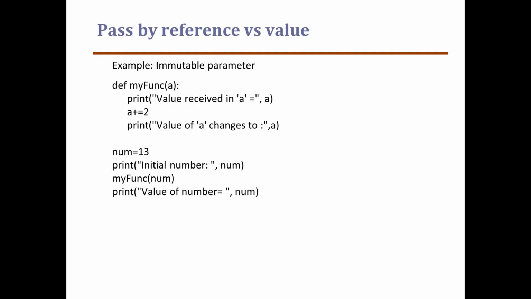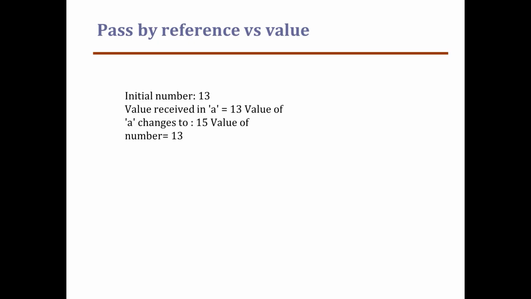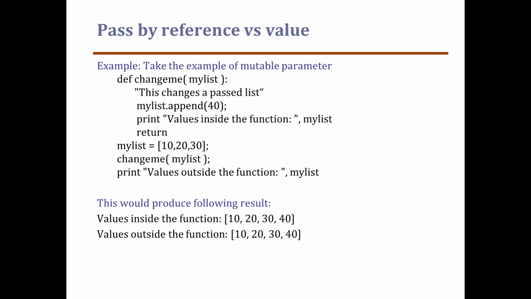After the control comes back to the main function, there is a display again. We can see that the changes done in the subfunction are only local to it and are not reflected in the main program.